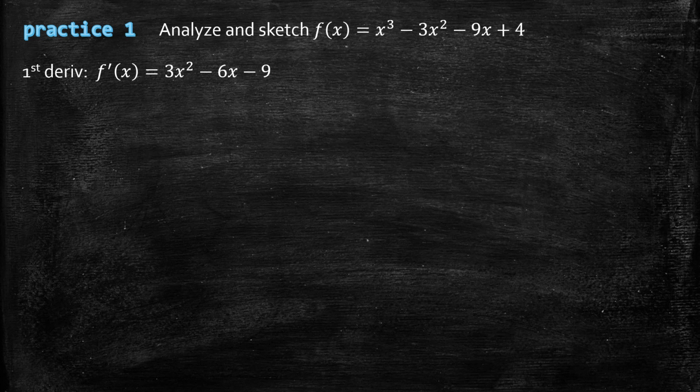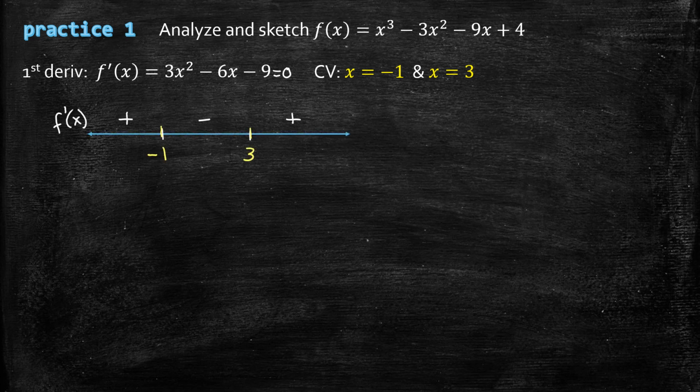Using the first derivative, we'd set that equal to 0 because it's never undefined, f prime x, it's a quadratic, so it can't be undefined. But if you factor that and set it equal to 0, you will get the critical values being x equals -1 and x equals 3. And then in order to analyze with the first derivative intervals of increasing and decreasing and looking for maxes and mins, we filled in this number line analysis.